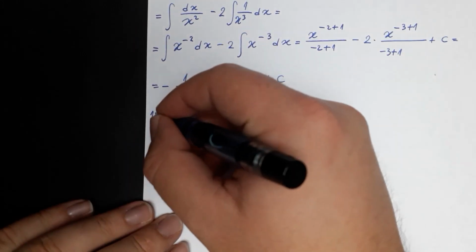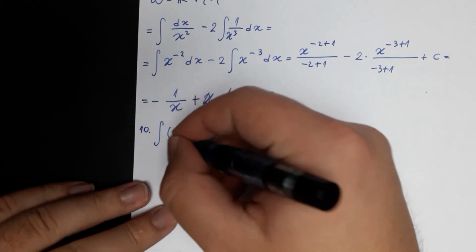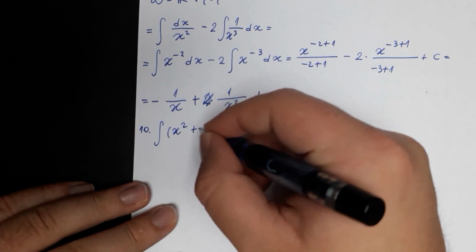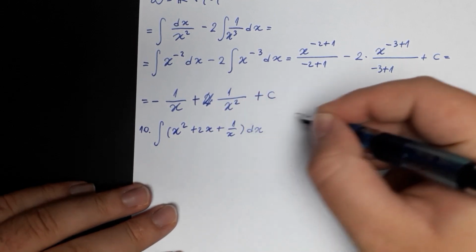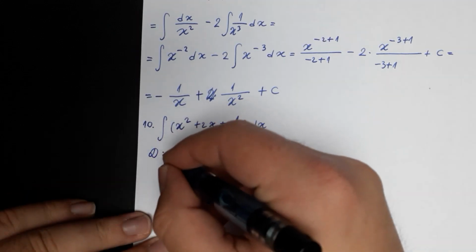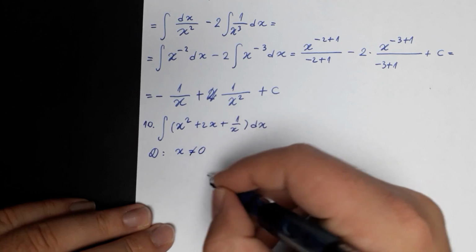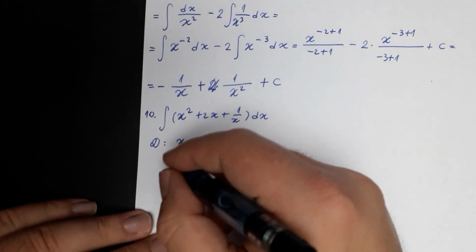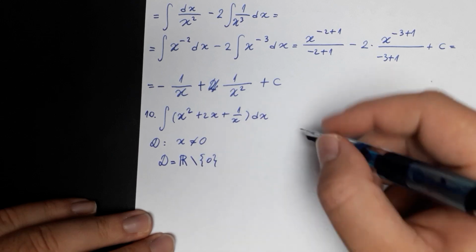plus 1 divided by x squared plus c. And the next problem, number 10, is the integral of (x squared plus 2x plus 1) divided by x dx. Well, that means that the area in which this integral is defined is for all x's which are different than 0, and that is going to give us the set R except the number 0.